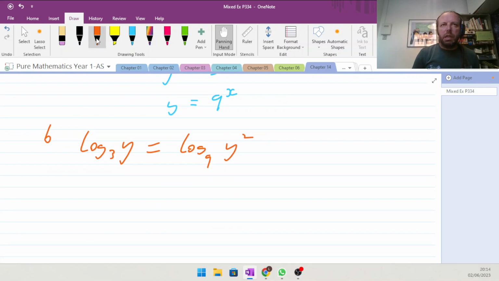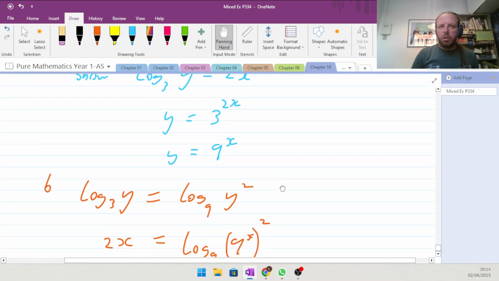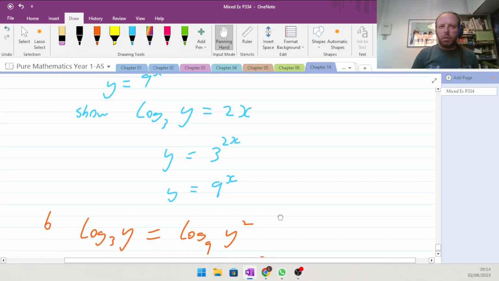So we know this side here is 2x, which is equal to the log to the base 9 of y squared. Now y squared would be 9x squared, and that's saying 9 to the power of something is equal to 9 2x. Is that correct?